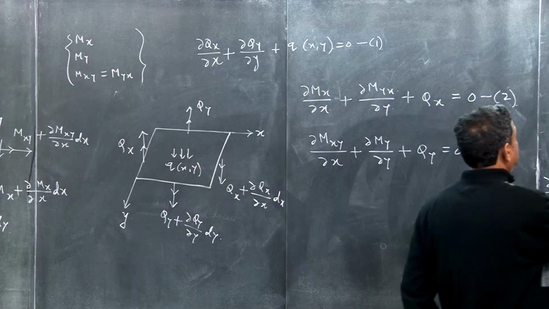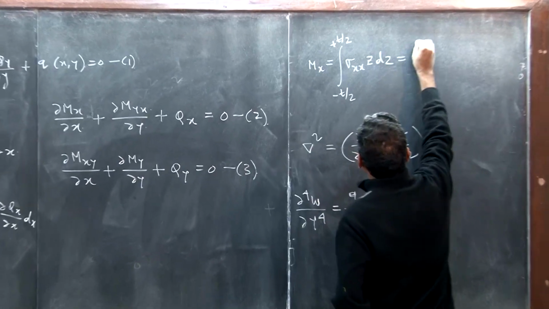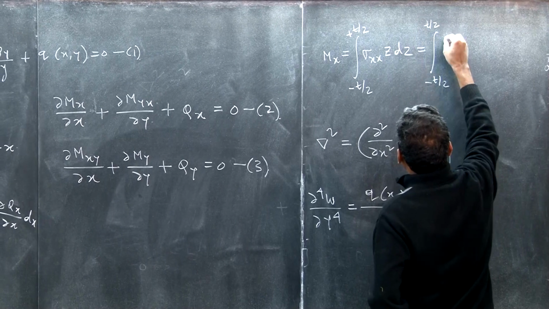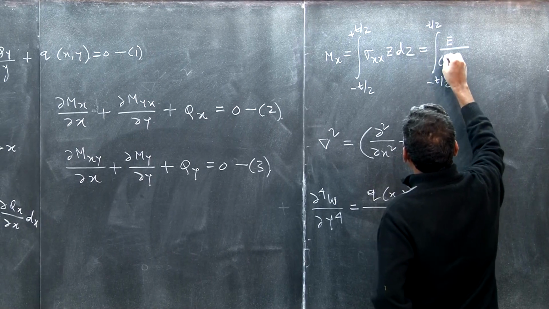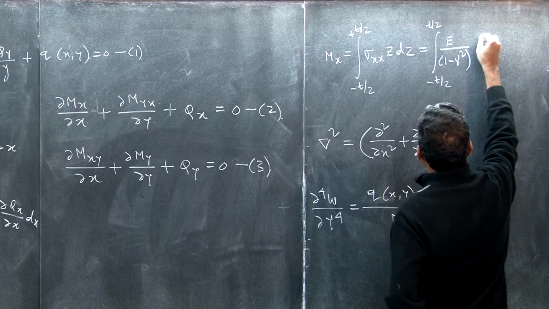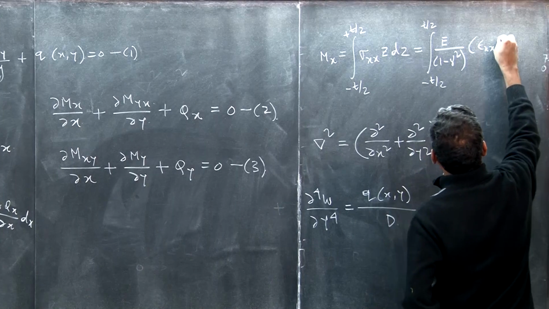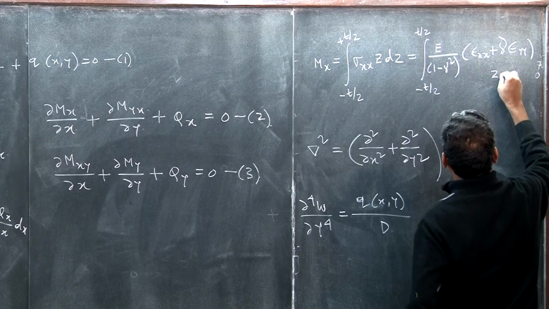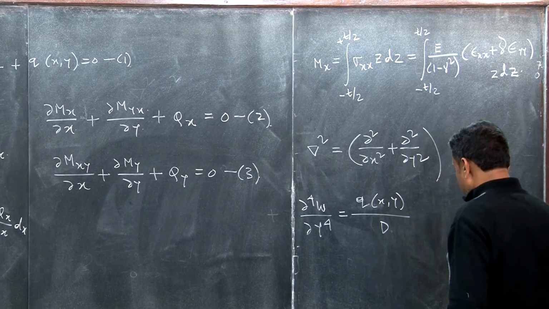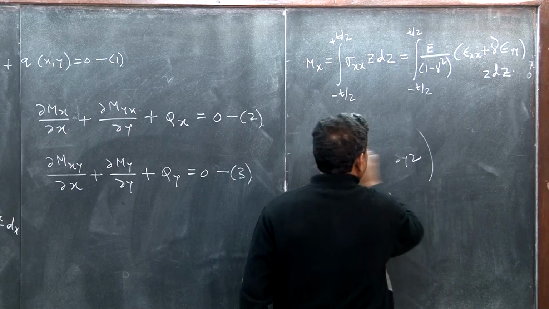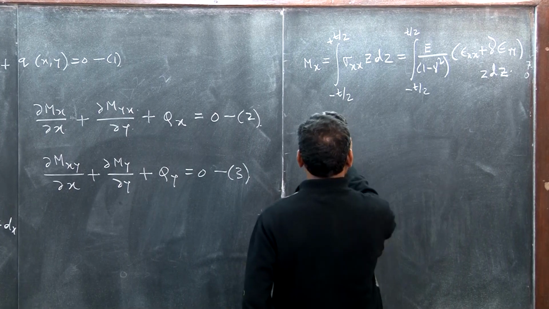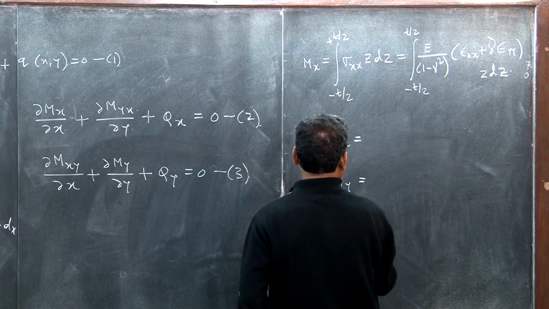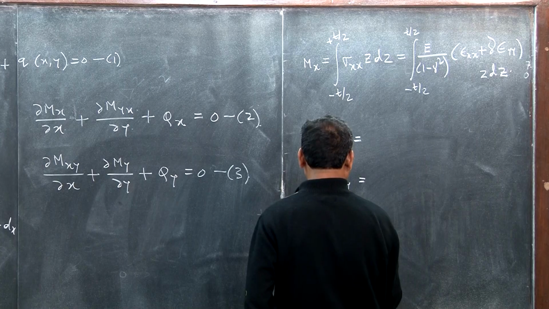So sigma xx, if you can recall, can be expressed as E divided by 1 minus mu square times epsilon xx plus mu epsilon yy, and Mx is the integral of this times z dz from minus t by 2 to plus t by 2. And here we have epsilon xx, epsilon yy and epsilon xy.